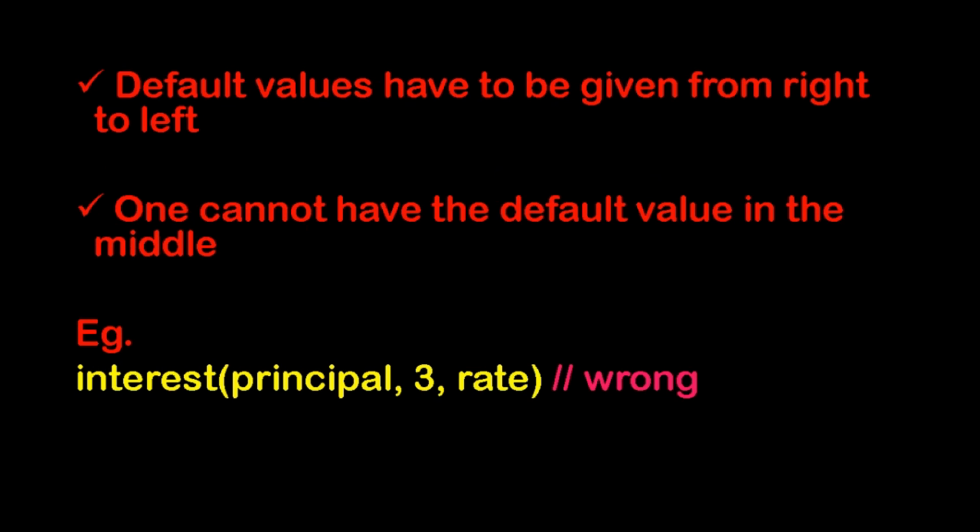So this is a wrong one. If you want to give default values, you have to start from the right side. For the rate you have to specify the value, and for the number of years, the time, you also have to specify the value. So if you want to give it like that, give the value for rate, then you go for the time. Don't give it straight away to the time.